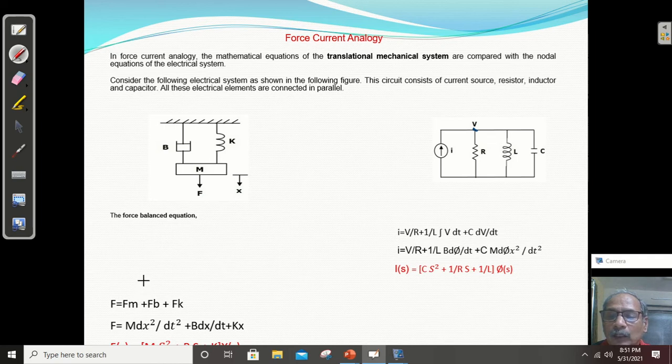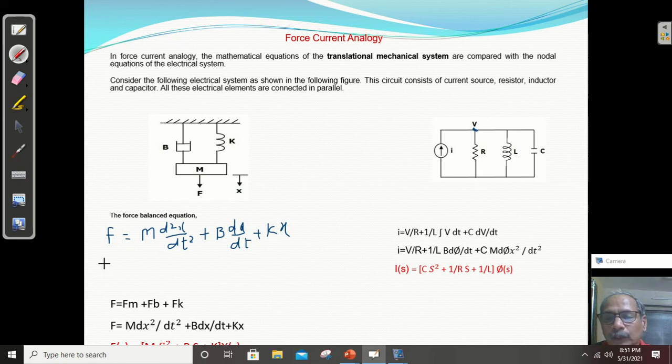F equal to Fm plus Fb plus Fk. So what is the force here? It is written here: m d square x by dt square plus b dx by dt plus k into x.